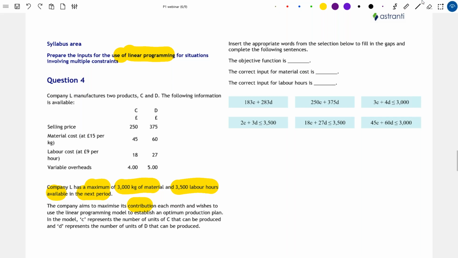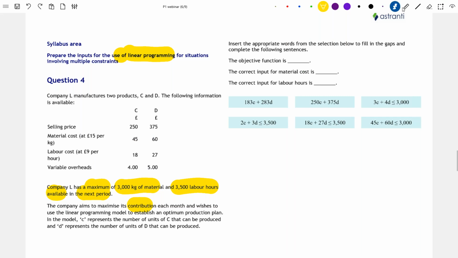So when it comes to the material cost for product C, we can see that the material cost is £45 per unit. And when it comes to D, then the material cost is £60 per unit. I see where I've gone wrong.